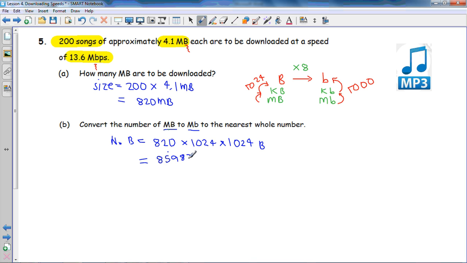Put it on your calculator. Be able to read it off your calculator. So it's going to get a bit messy. To bytes. So now I want to convert that to bits. So I'm going to multiply by 8 to get me to the amount of bits that I want. That's this conversion here. So multiplying by 8, I'm going to get another very large number.